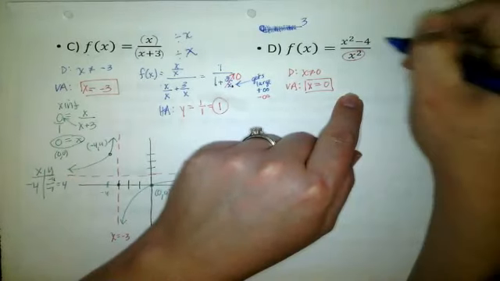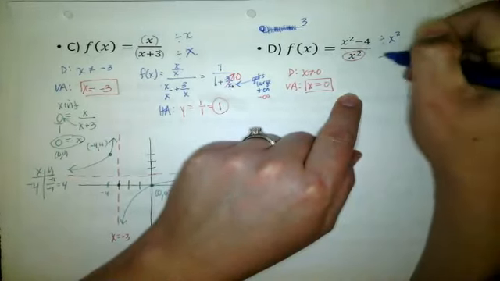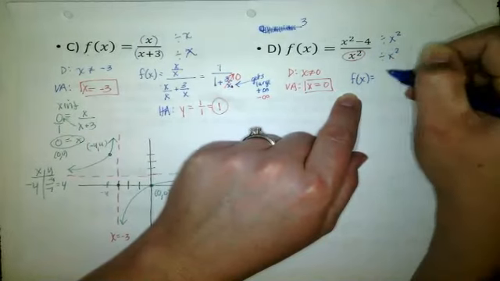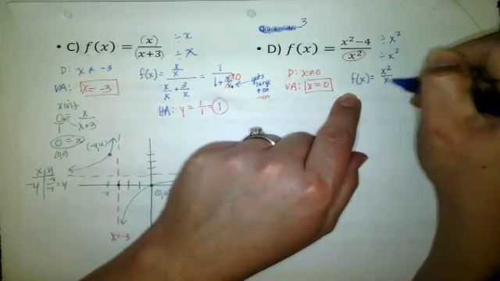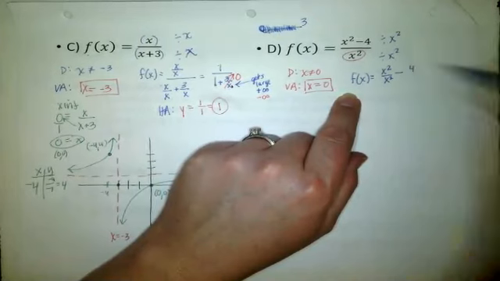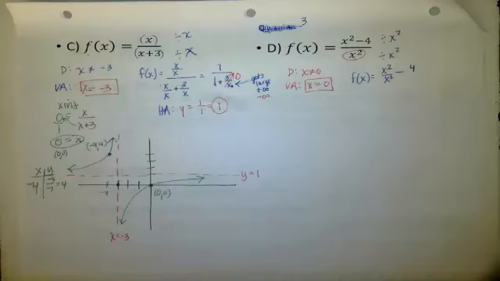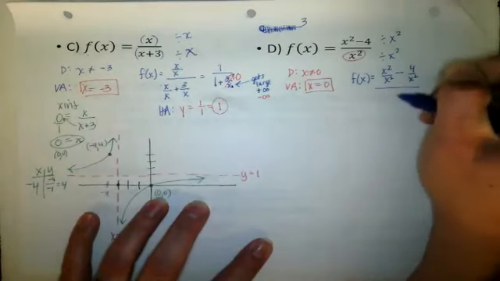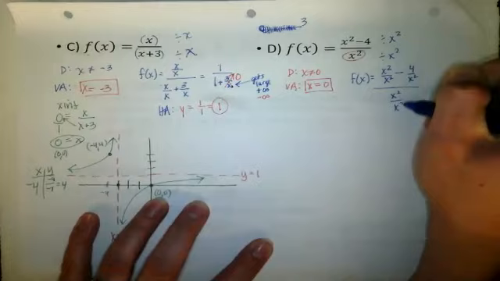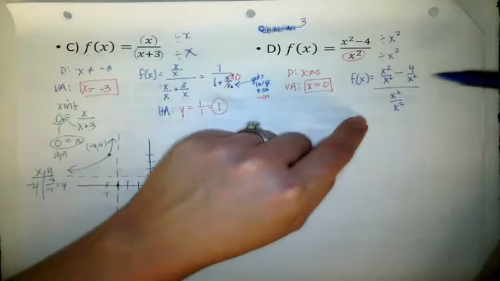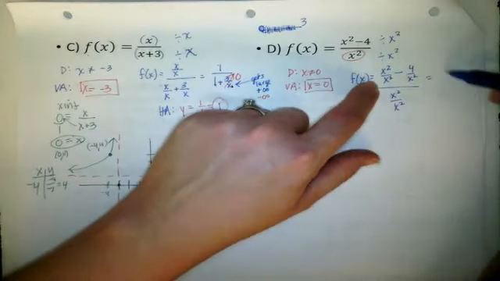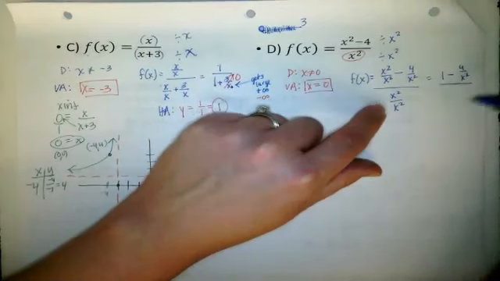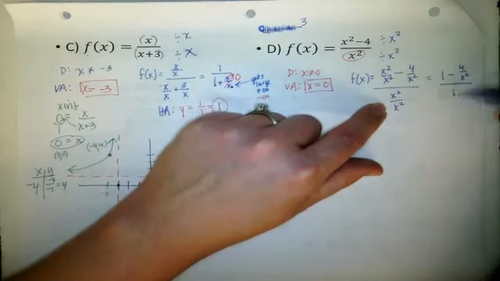So I'm going to divide everything by that x squared. I'm going to divide the 4 by x squared as well, and the denominator by x squared. And clean it up. So x squared divided by x squared is 1. I don't know what 4 over x squared is. We'll talk about that. And x squared divided by itself is 1 again.